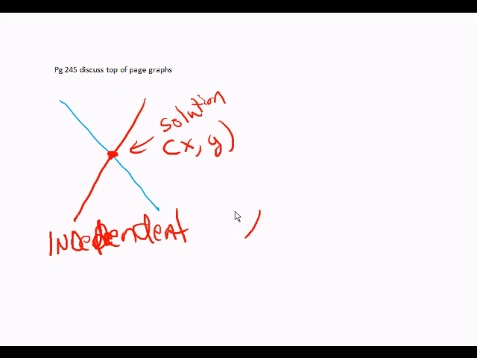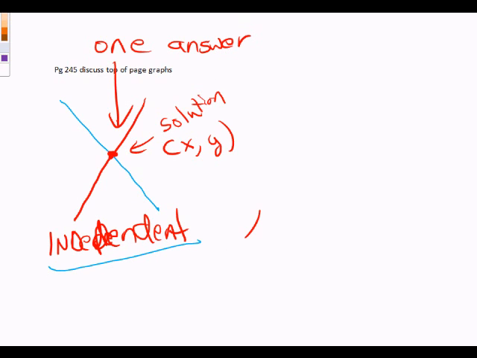When you have one answer, the answer is going to be independent. That's what we're looking for, because some of the questions on the quiz say, are they independent, dependent, or inconsistent? The point where they cross, you have one answer. It's called an independent system.